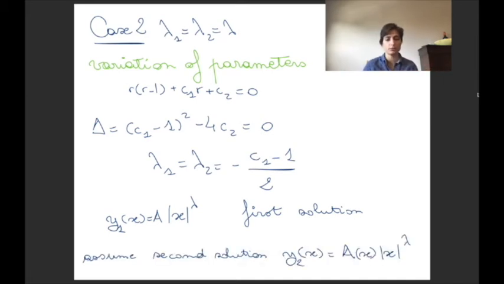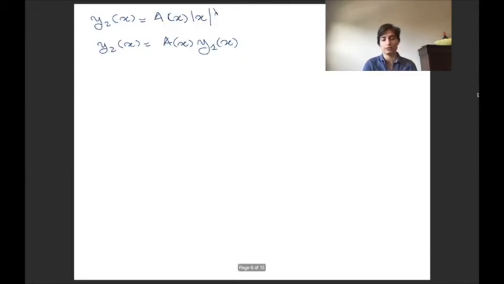But for the second solution, we want to assume, with the idea of the variation of parameters, that a is actually a function of x. So what would a as a function of x satisfy? Well, we first notice that y2 is equal to a as a function of x times x at the power lambda, where x at the power lambda is our initial solution.